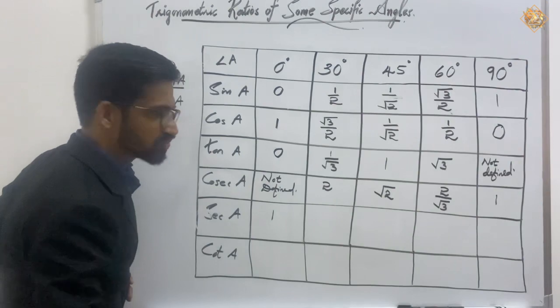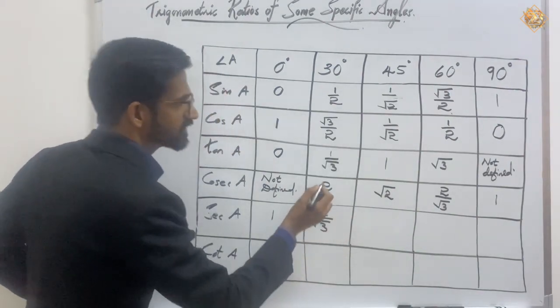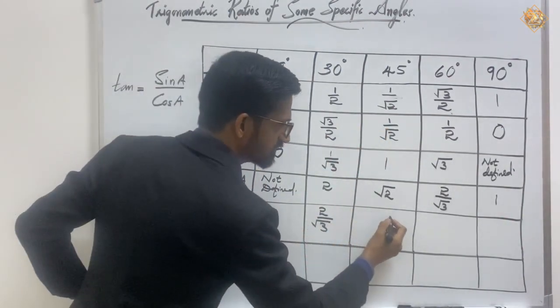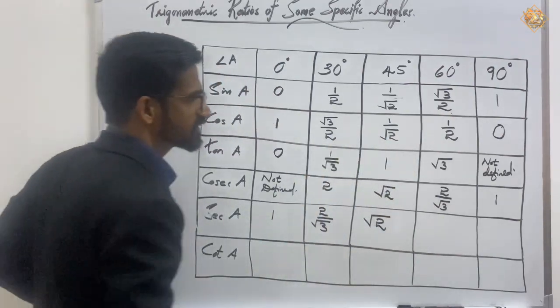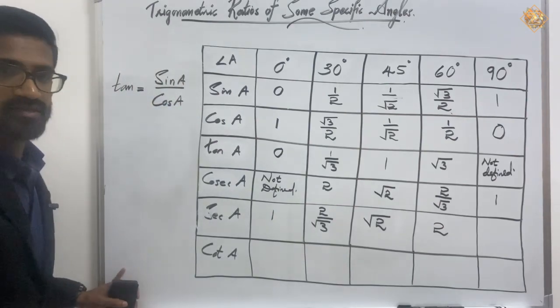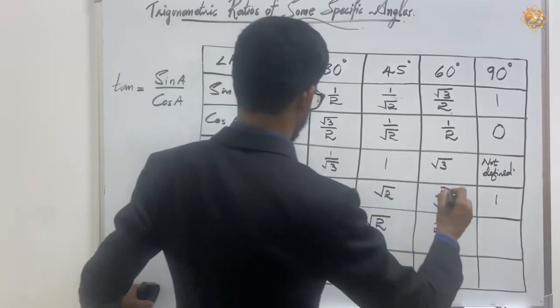Reciprocal of root 3 by 2 is 2 by root 3. Reciprocal of 1 by root 2 is root 2, isn't it, students? Similarly, reciprocal of 1 by 2 is 2. Now reciprocal of 0, that is 1 by 0, is not defined.